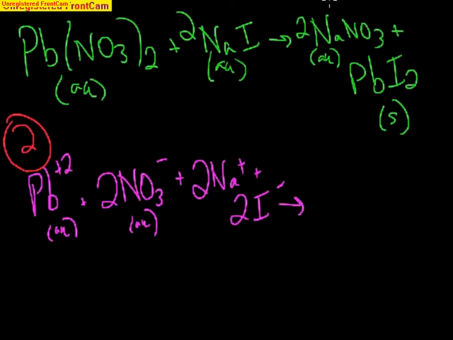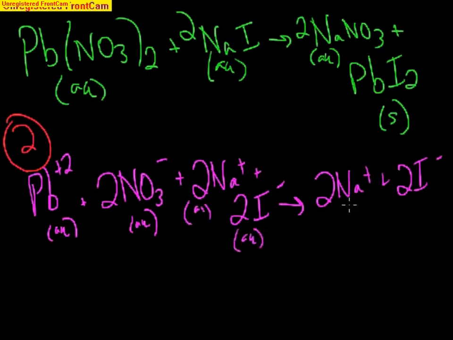Here we have the same setup, so 2Na plus 2I minus. All of these are aqueous, of course. It can be a little tedious writing the AQ all the time. This is the only step that I won't count against you if you don't add the AQ. For step 3, it's an absolute must. You must have the state of matter because that's the final product that we're trying to get to. And then last but not least, we said if it's an S, it doesn't break apart, so we leave that just like we see it.